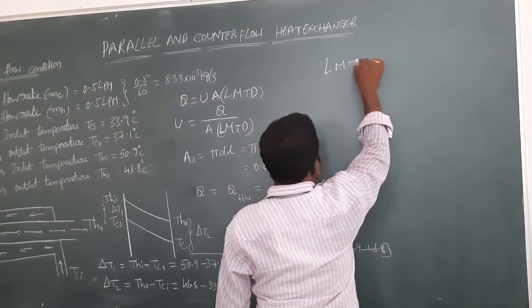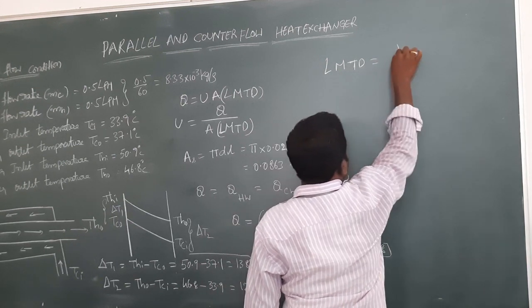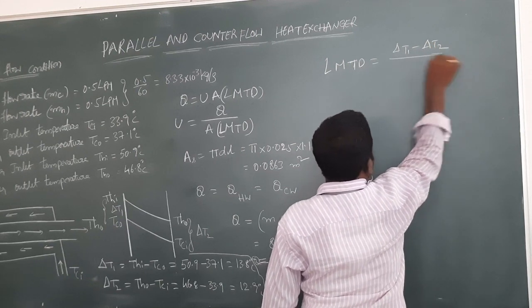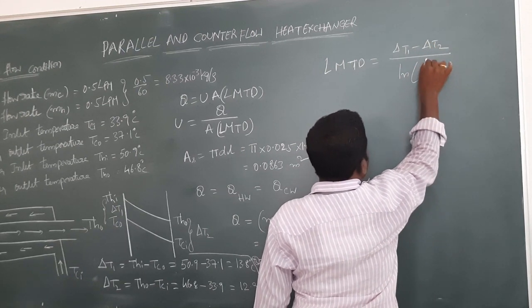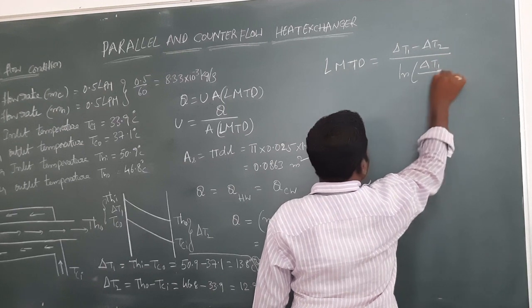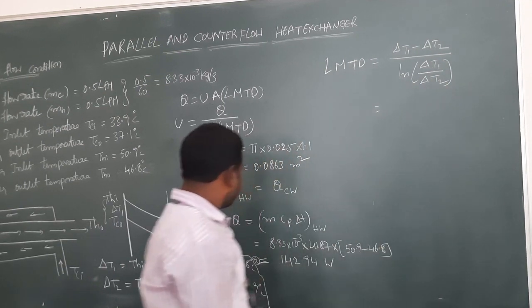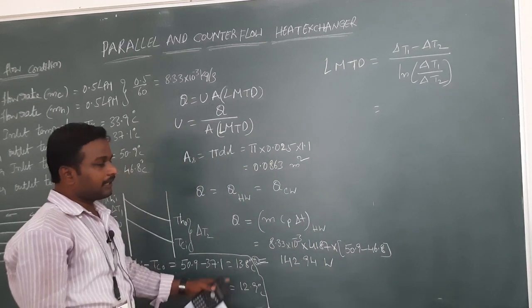Now find out the LMTD. We know the formula for LMTD: LMTD equals delta T1 minus delta T2 divided by ln of delta T1 divided by delta T2. Already delta T1 and delta T2 values are calculated.